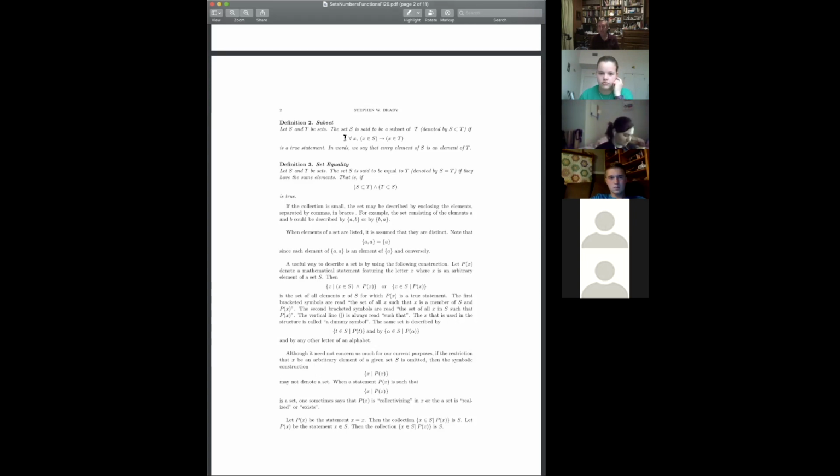And here's our first example of why I tried to show you some logic. In order to understand subset, you have to have a quantifier and an if-then statement. What it says is, for any object whatever, if it is a member of the set S, then it's a member of the set T. I'm hoping when I say it in English, you understand. If being a member of S means being a member of T, then in a certain sense T is the bigger set.